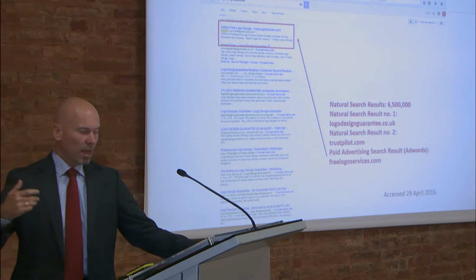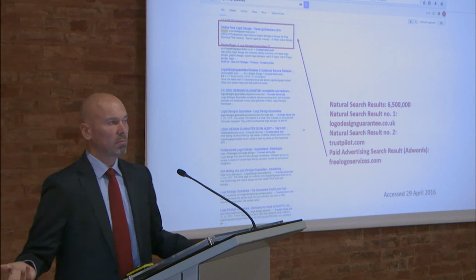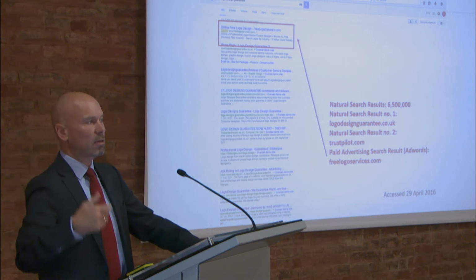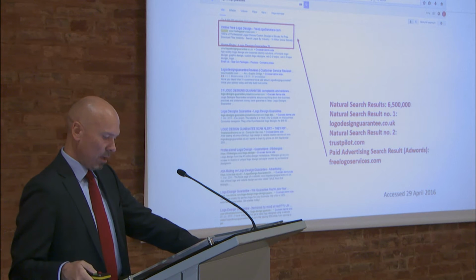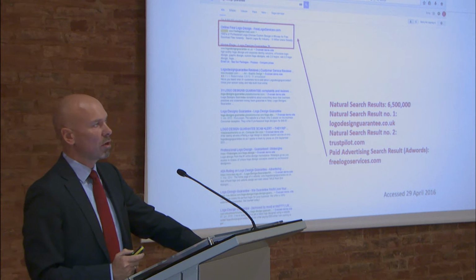So, a trademark of another is being used to market a competing product within the same product category. How are we going to determine if there is a trademark violation of that or not? Is this a violation of the logo design guarantee trademark, or is it a legal way to do advertising?